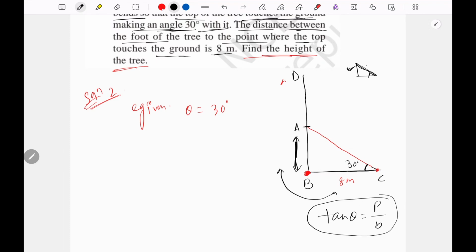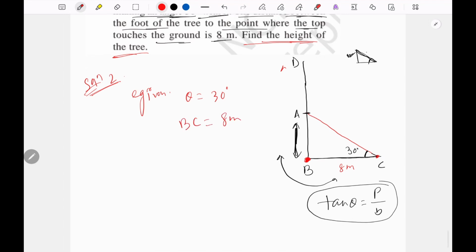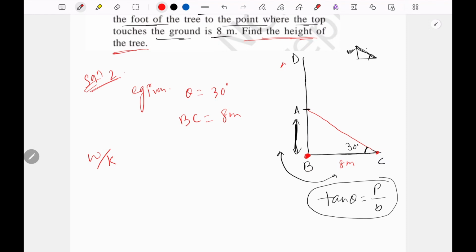So I write here theta is 30 degree and BC equals 8 meter. Now we know that tan theta equals P by B. This is P, this is B, and this is H. P is nothing but AB and B is BC.